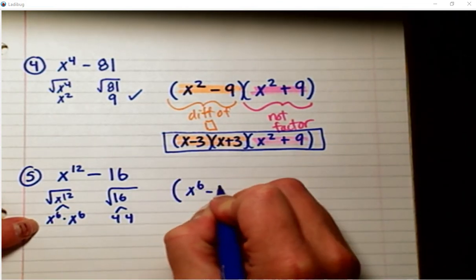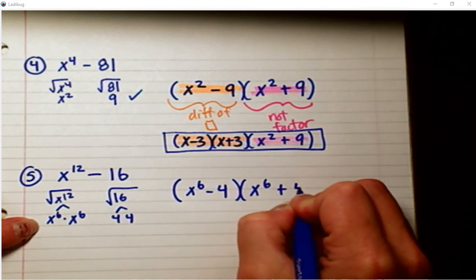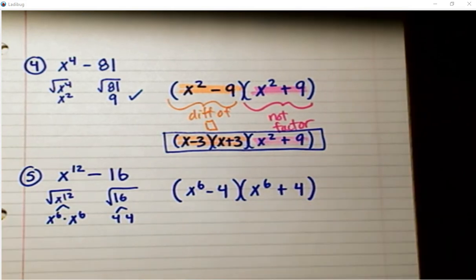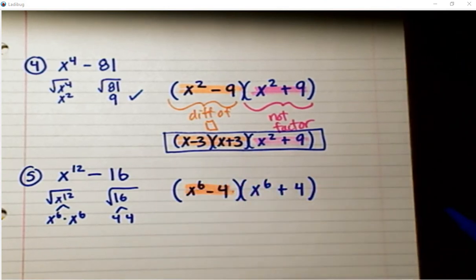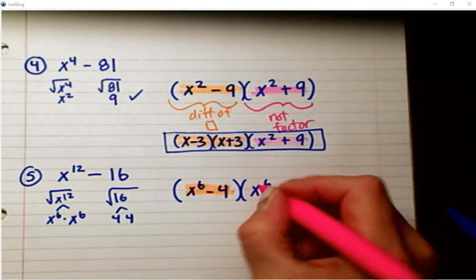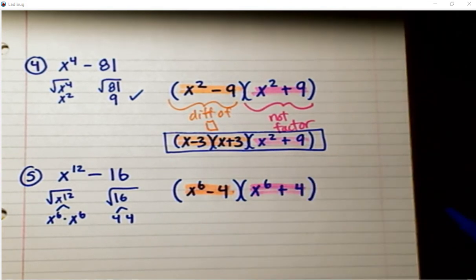X to the 6th minus 4, x to the 6th plus 4. Okay, keep looking. That is a difference of squares. So keep going. This one, the sum, doesn't factor.